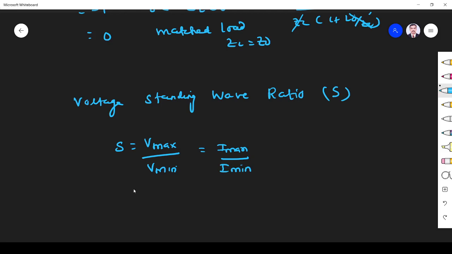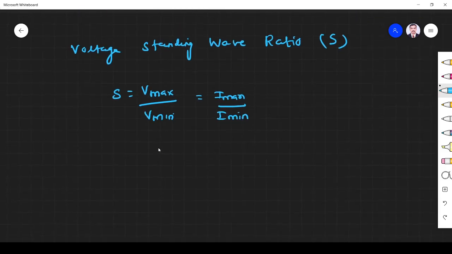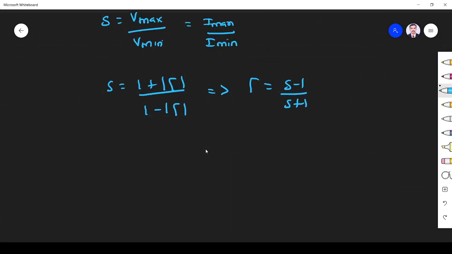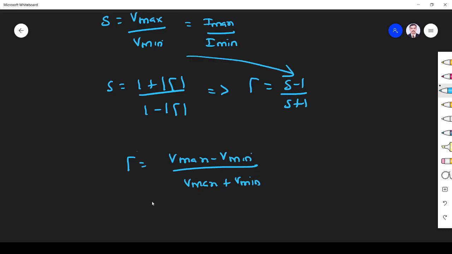I can write S in terms of gamma, a very important relation; a lot of questions will be asked from this area. S is 1 plus modulus gamma divided by 1 minus modulus gamma. This implies gamma is equal to S minus 1 divided by S plus 1. Otherwise, I can write gamma as V max minus V minimum divided by V max plus V minimum. Substitute S equal to V max by V minimum and we get this formula.